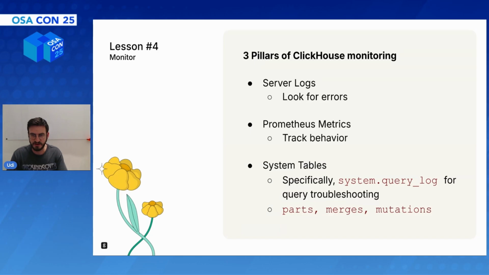You can get very, very detailed information about every single query run in the ClickHouse server, a very detailed profile of how many bytes it weighed, how much time it took, how many rows it had to scan, gaining a very deep understanding. It's very important for troubleshooting long queries and optimizing them.